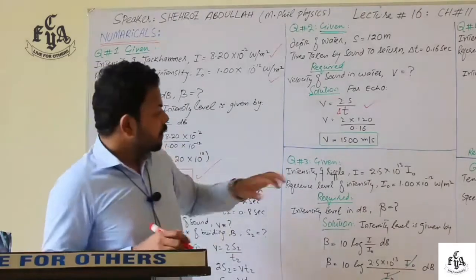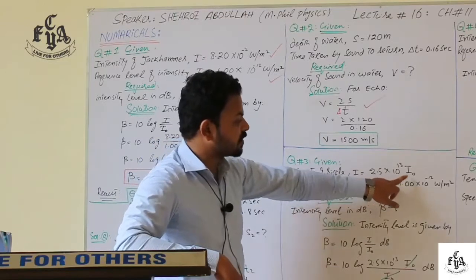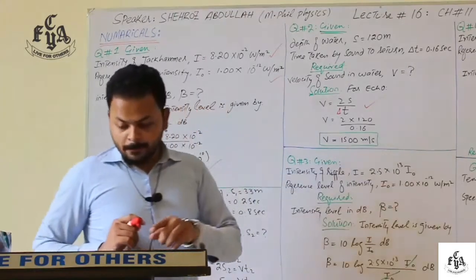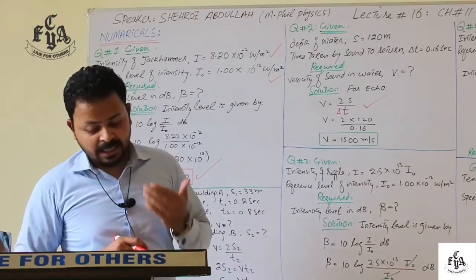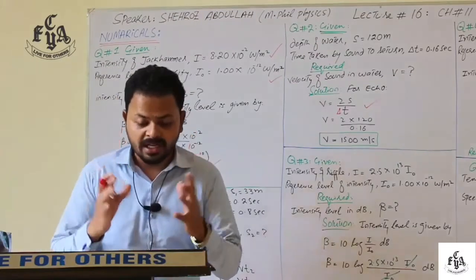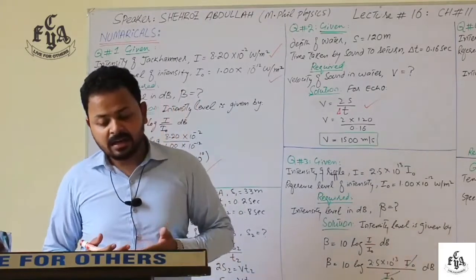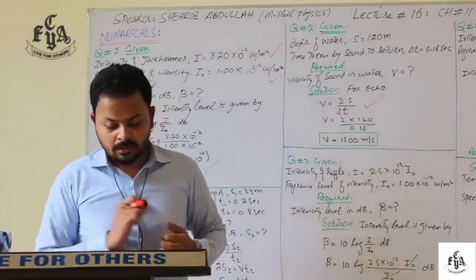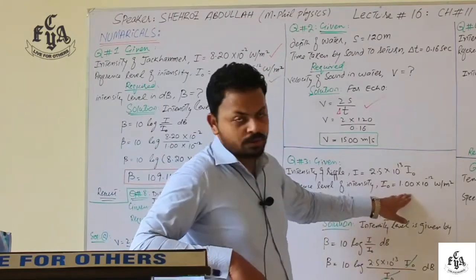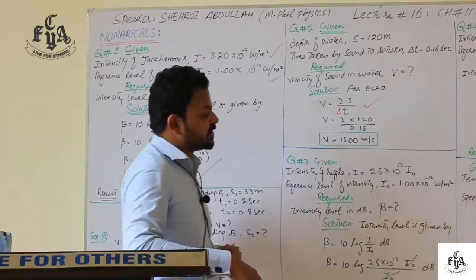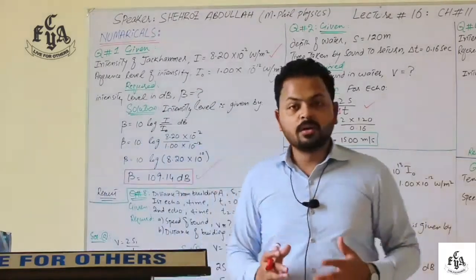Do we need to wear ear protection, considering that prolonged exposure to sound above 85 decibels can cause hearing damage or loss? Reference intensity level, we know that I naught is equal to 1.00 into 10 to the power minus 12 watt per square meters. Okay, what is the value of beta?